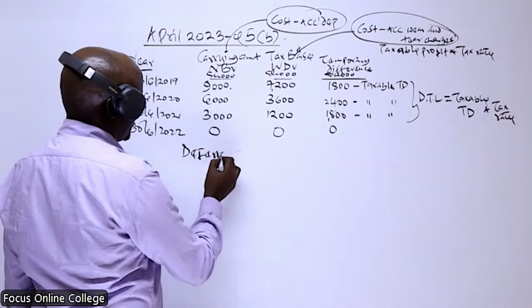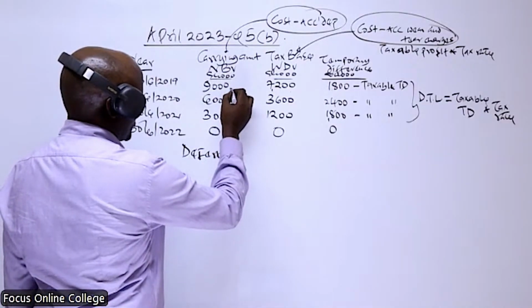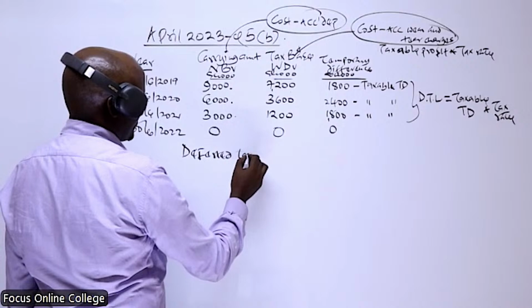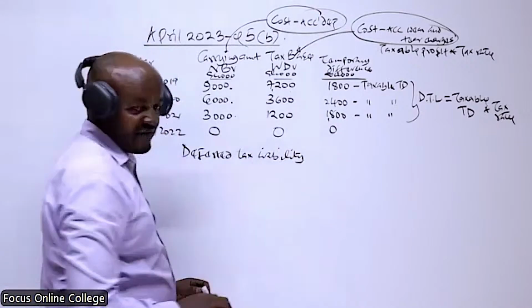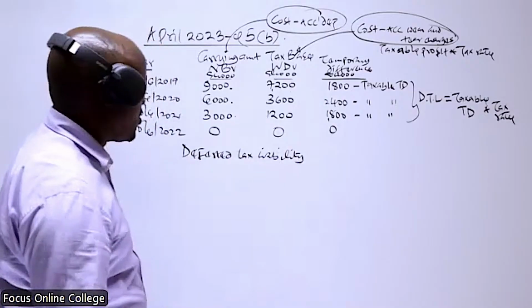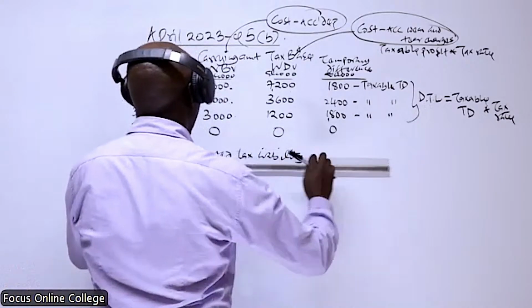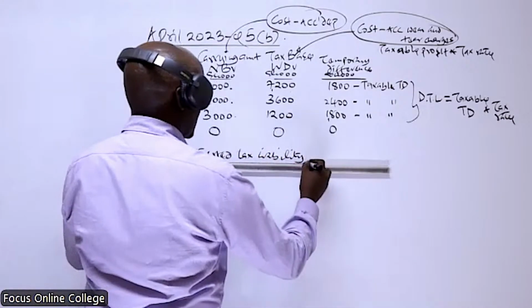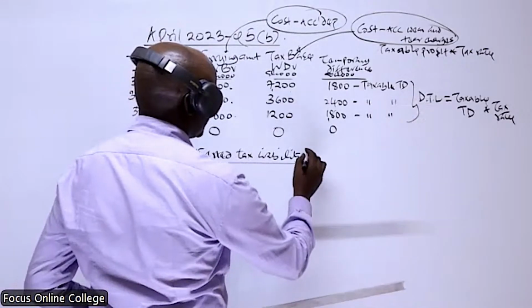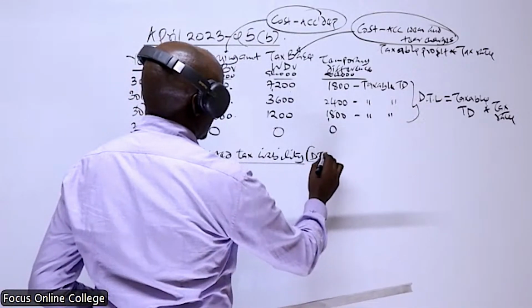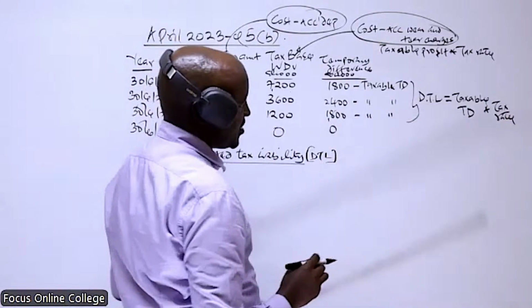At the end of year 1, 2, and 3, we will have a deferred tax liability. So how do we compute this deferred tax liability? We use this formula here.